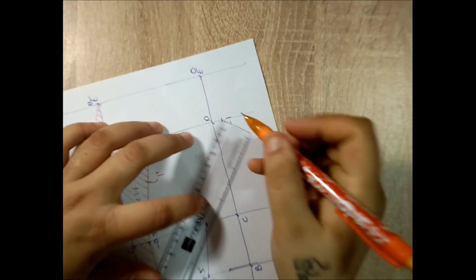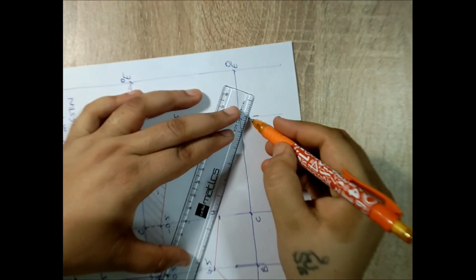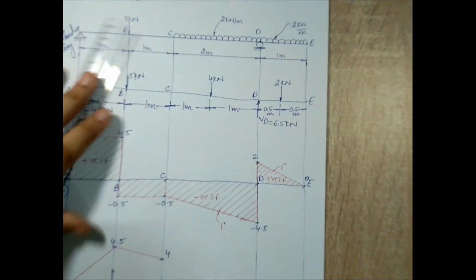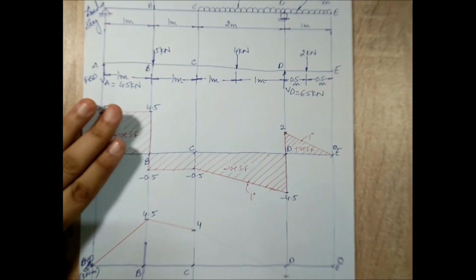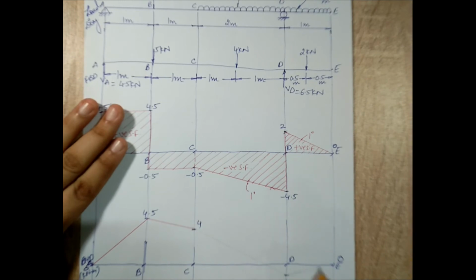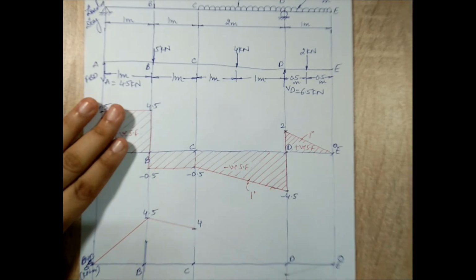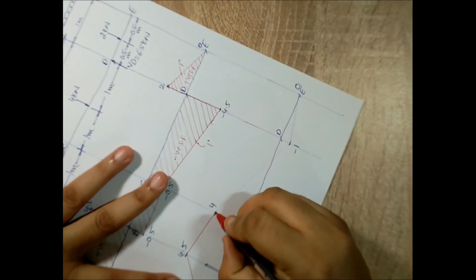Say this is my imaginary line. You can see my imaginary line here. So I will be drawing above this line something like this.